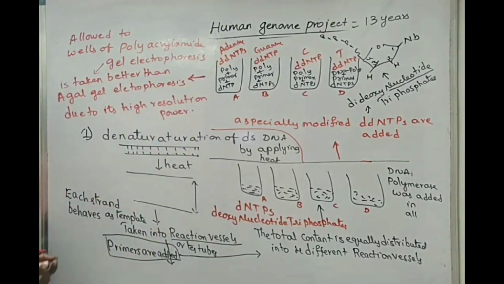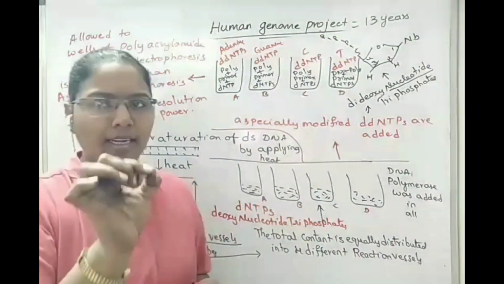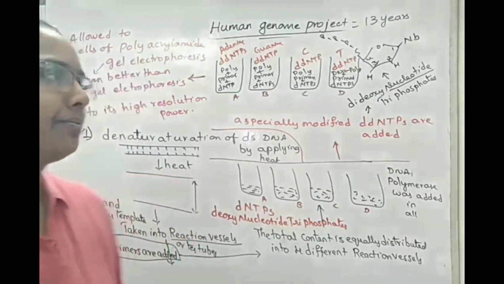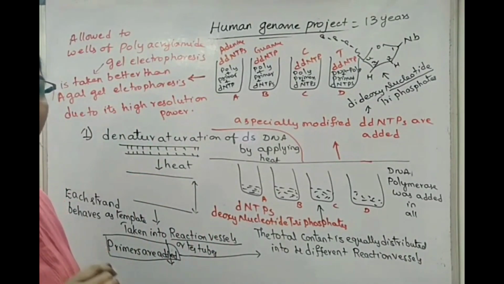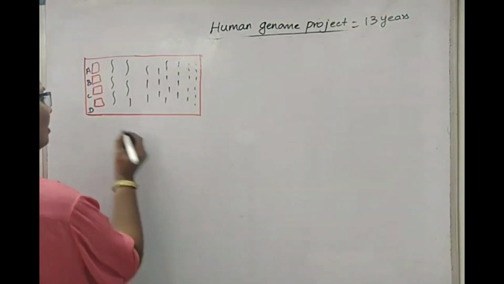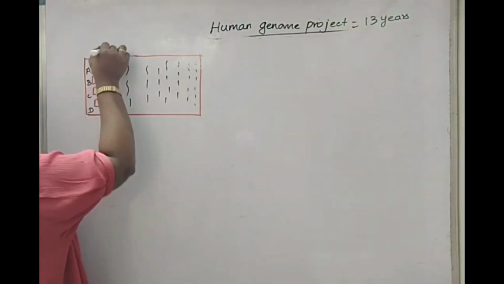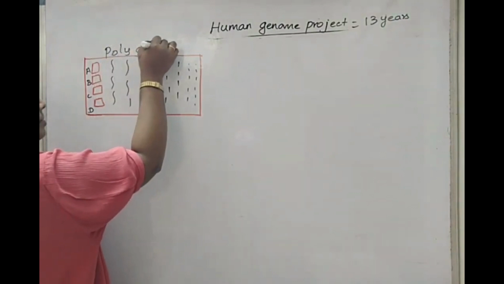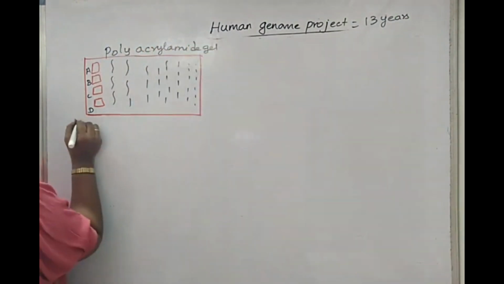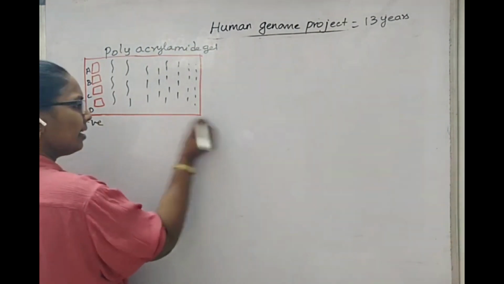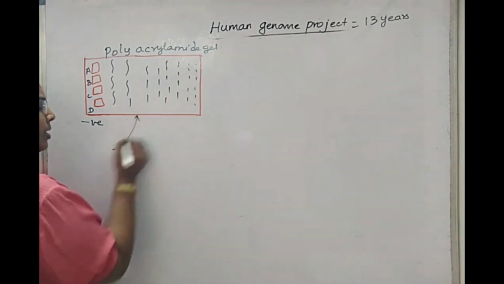The next step is that the DNA strands will get separated based on the length of the DNA strands. This means the shorter DNA sequences or the shorter DNA strands will be moving far from the wells. Now, in polyacrylamide gel electrophoresis, DNA has a negative charge and an electrode is connected to this.